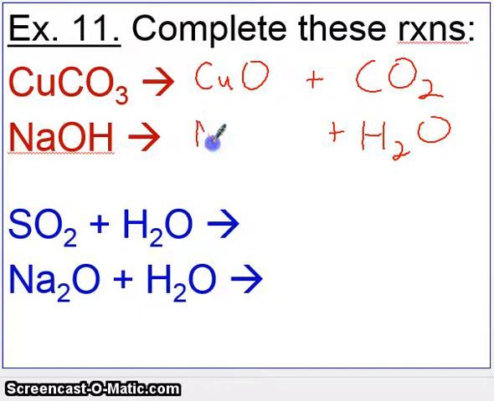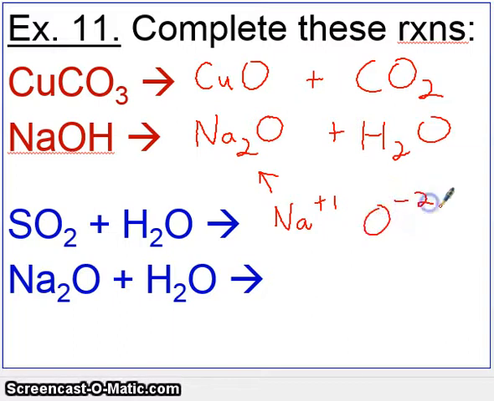In this case, you have to make sure you write Na2O, since sodium has a +1 charge and oxygen has a -2 charge. You need 2 sodiums for every oxygen. Now, because we've doubled it up, we must balance the equation. So we need a 2 in front of here, and that should do it.